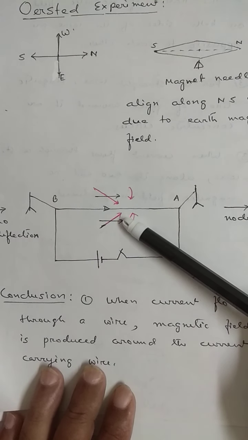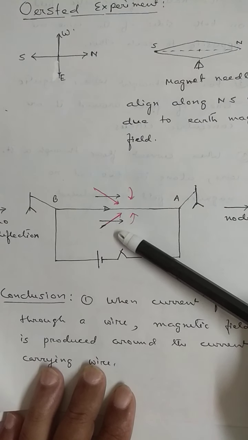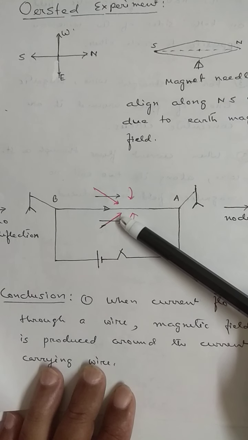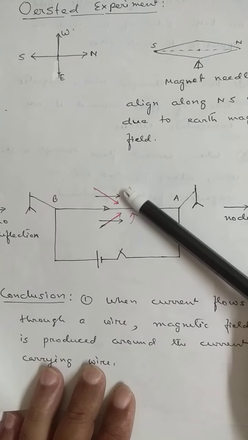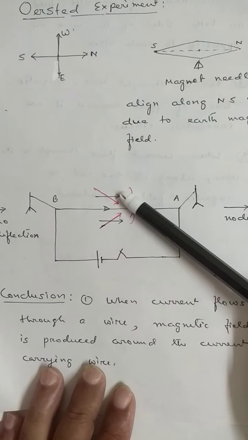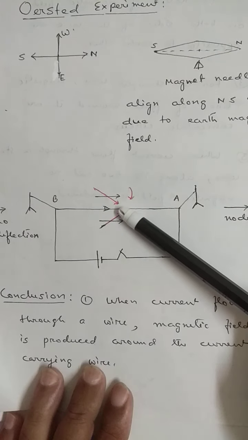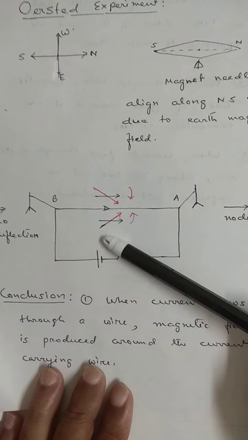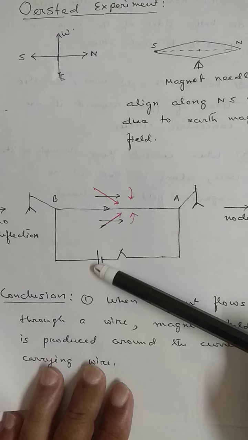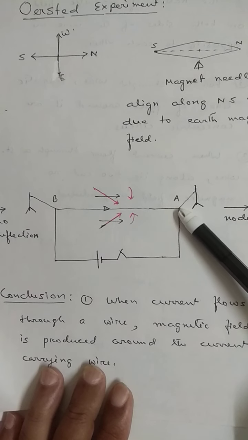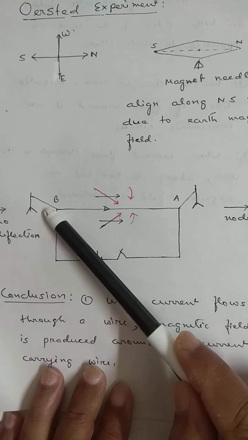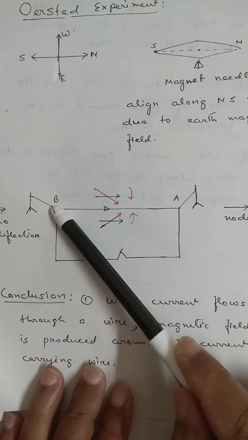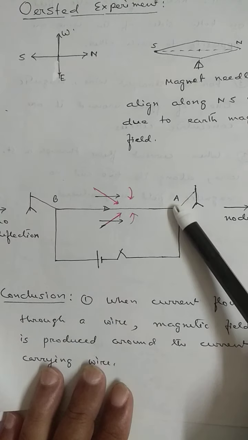That means the north pole gets deflected towards the east when it is placed below the wire, and the north pole gets deflected towards the west when it is placed above the wire. But for that, we have to change the polarity of the battery. That means the current has to be sent from A to B.